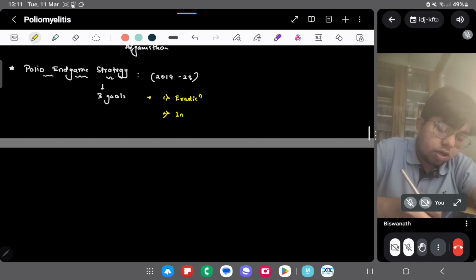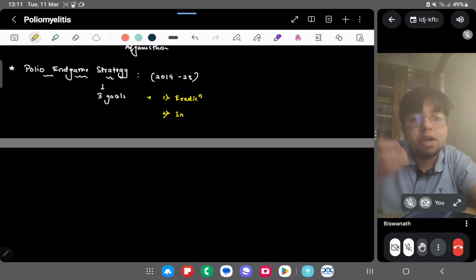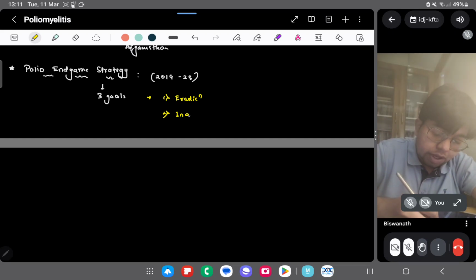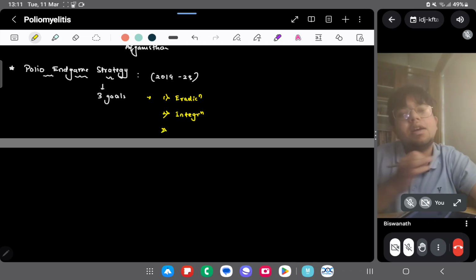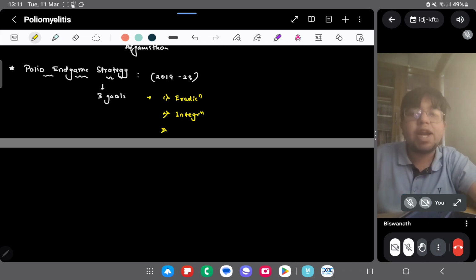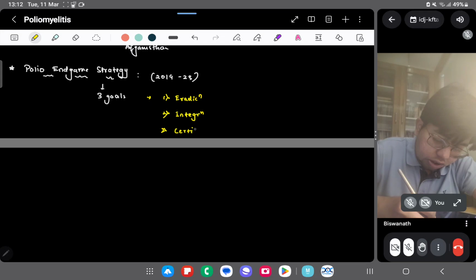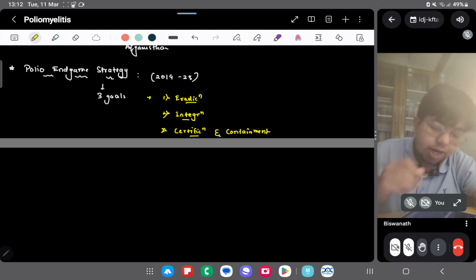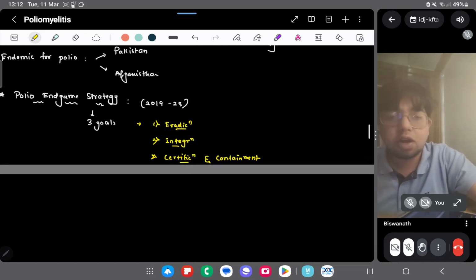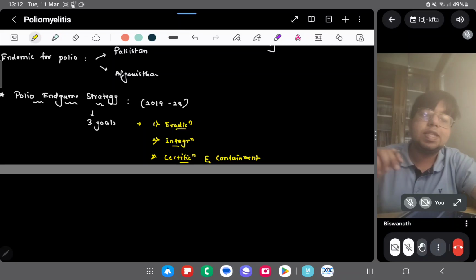Integration, we have to bring together the communities for eradicating polio. Then we have to be certified and contain all the sporadic cases. Certification and containment. So eradication, integration, certification, and containment. These are the things.